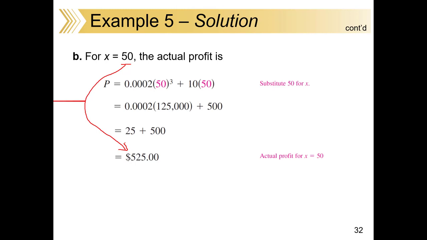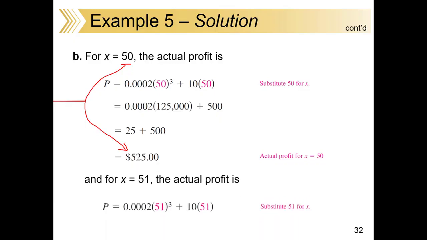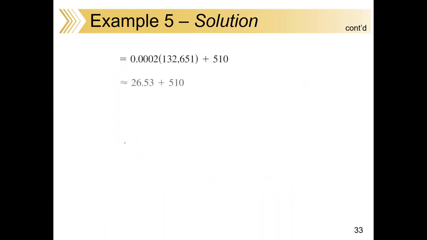What if you made one more? Well, let's go back. We'll put 51 in instead. If I put 51 in instead, what do we get? We get $536.53. Compare that with what we had before.